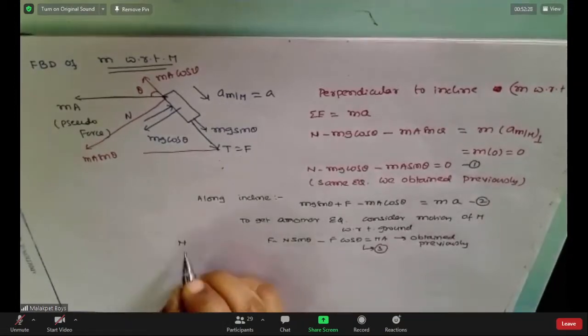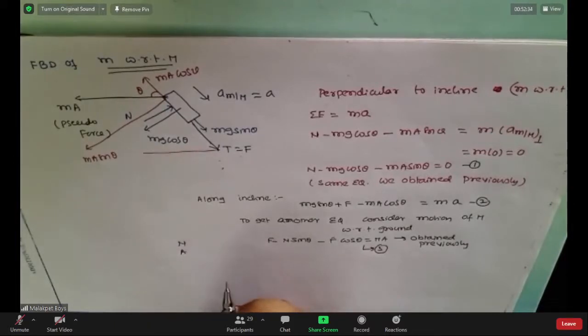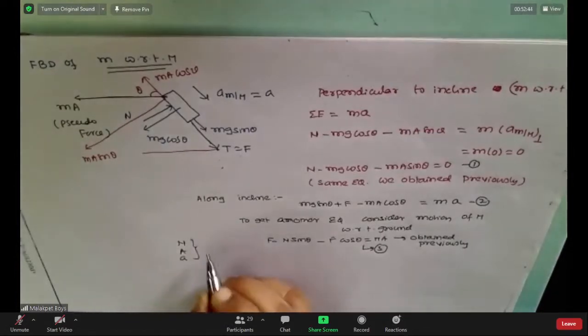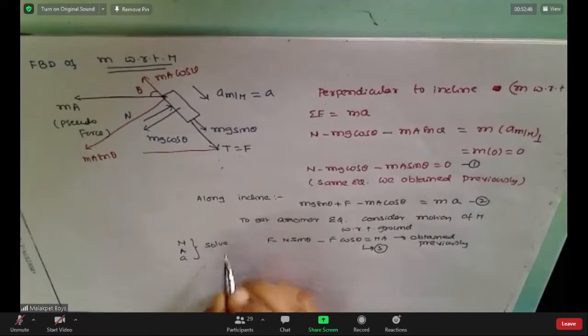Now N, A, that's all, no? What else is there? Small a. Tension is only F. F is known, given. Tension. Same answer you will get. Correct.